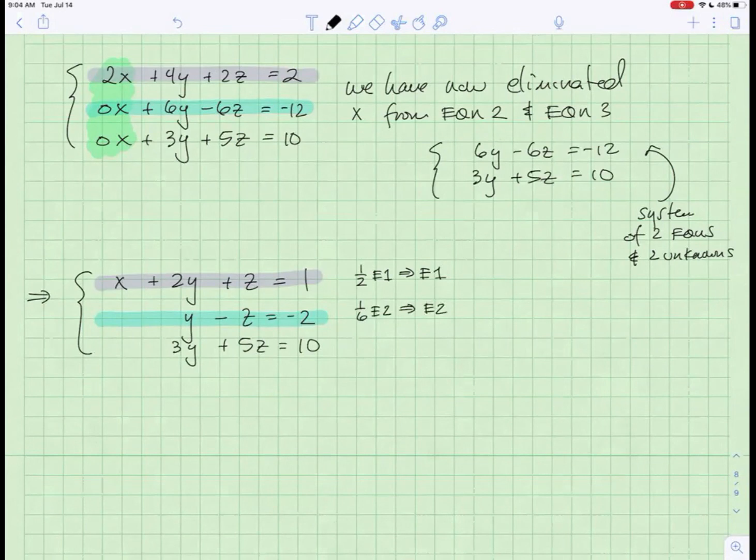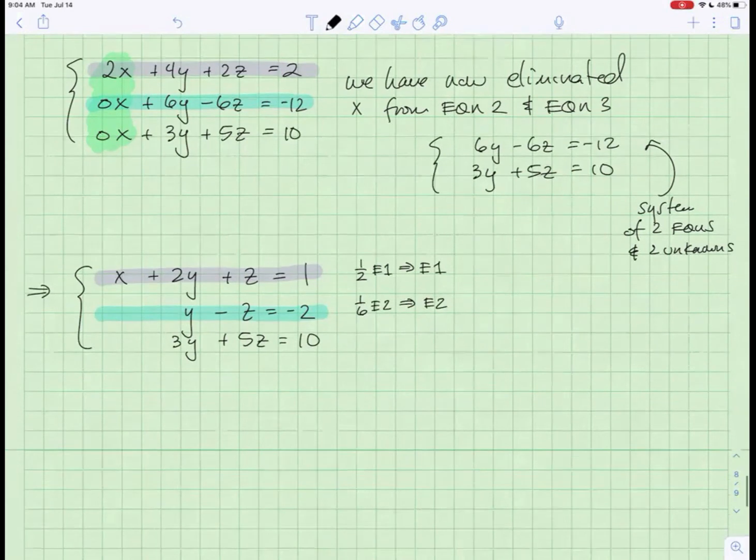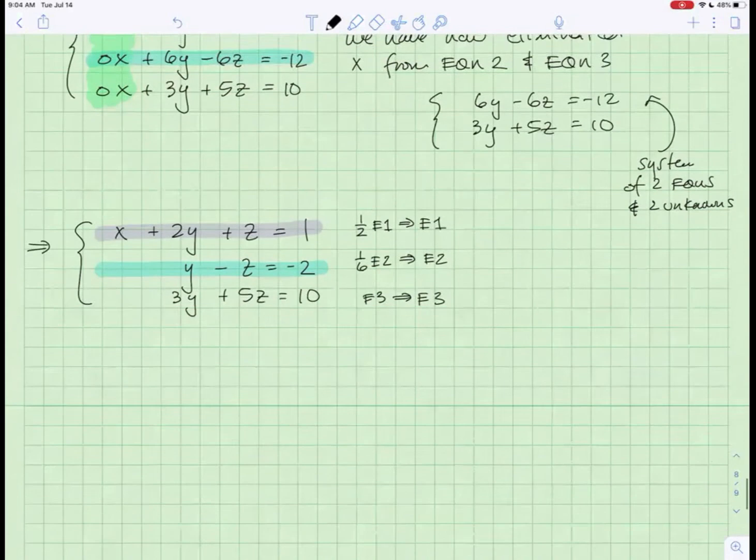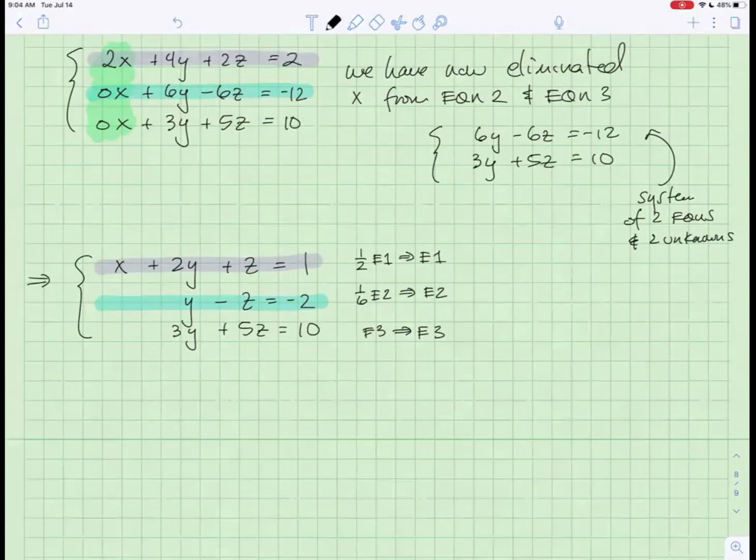Or as you say, like I factored out a 6 just to simplify that so I didn't have super large numbers I had to deal with. And then equation 3 is still my same equation 3. I just didn't write it with the 0x in there. So there's no operations done there. So those are the EROs that I used.